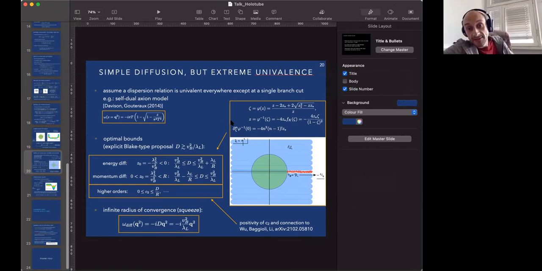Yes. So this is a great set of questions, the kind of things that I would like to understand. There are these constraints on analyticity of Green's functions. I don't quite know how to translate those into properties of dispersion relations, because here I'm talking about the analytic structure of dispersion relations.